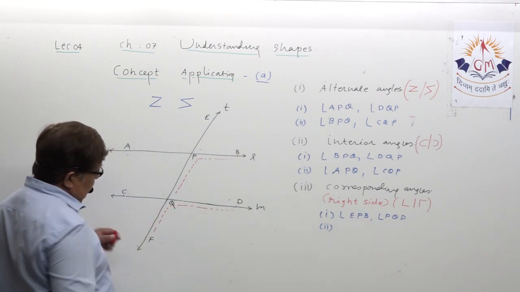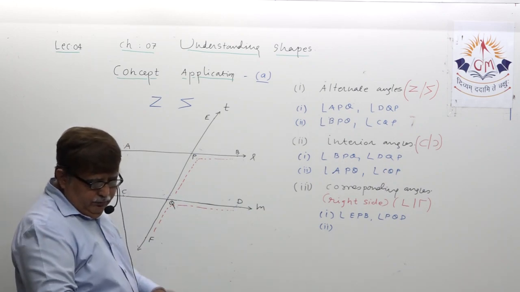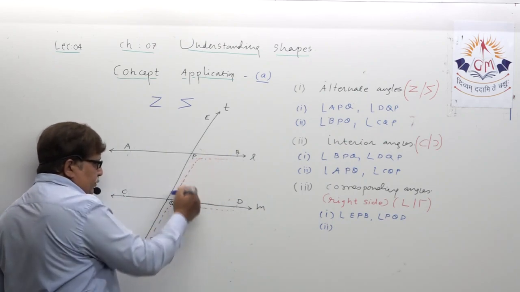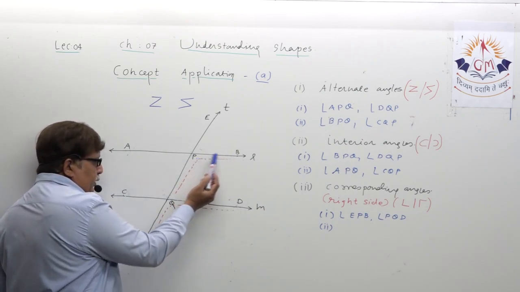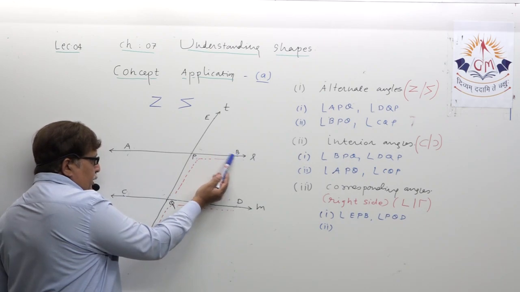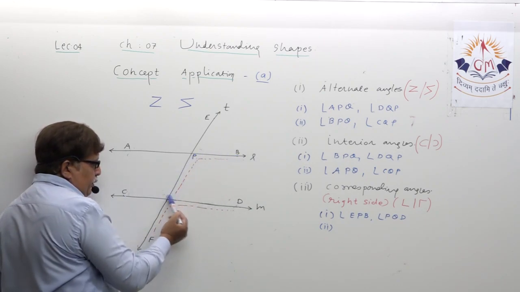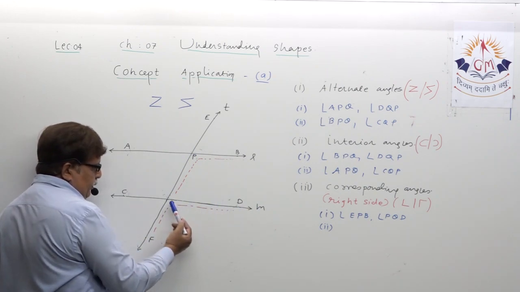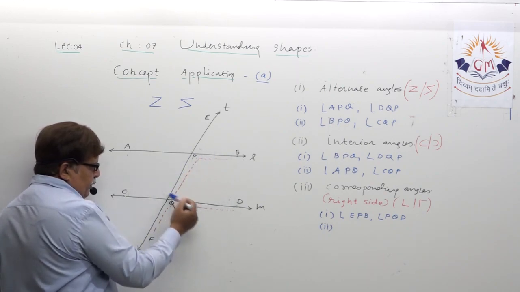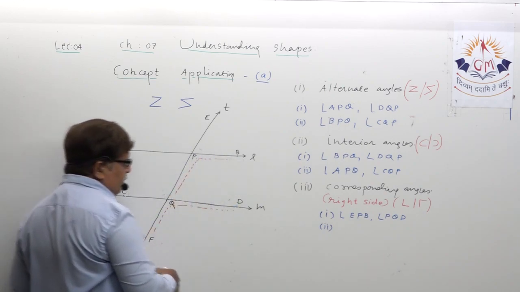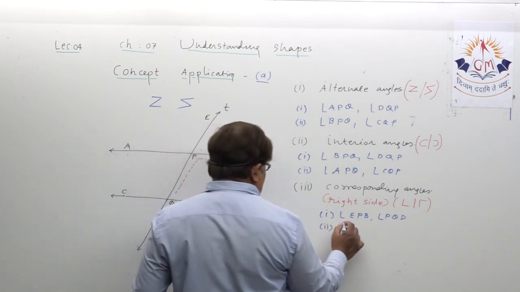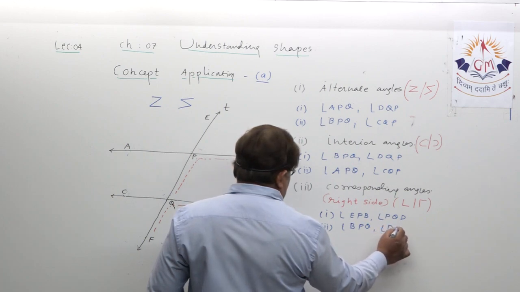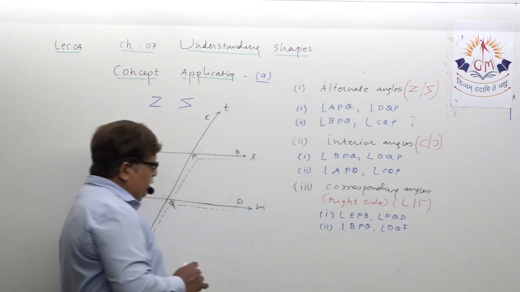Can you name the two angles from here? Inverted 7, name this angle. Angle BPQ. Name this. Angle DQF. BPQ, DQF, inverted 7. Let us name it: angle BPQ, angle DQF.